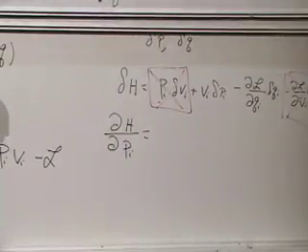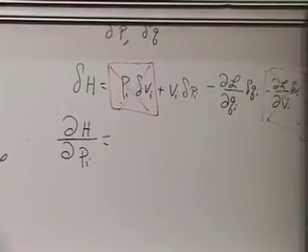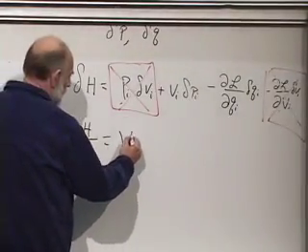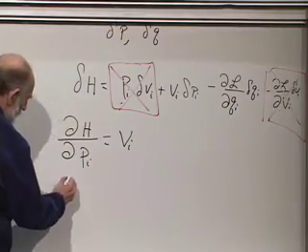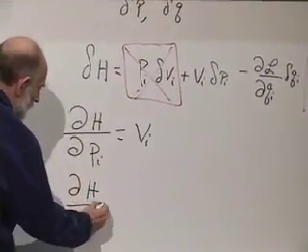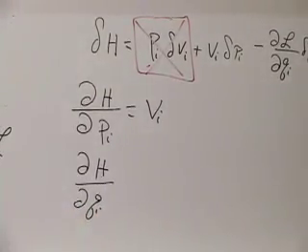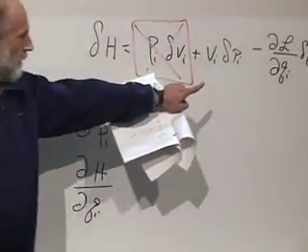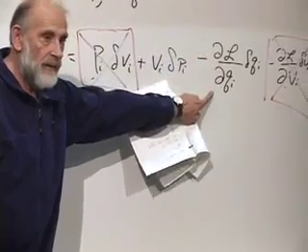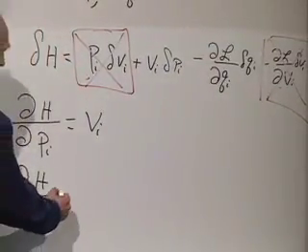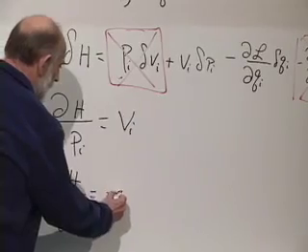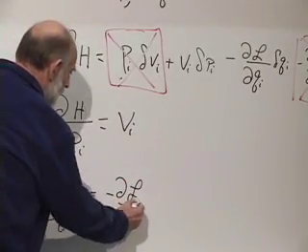What do you read off this? V sub I, and dH by dq sub I, what's that? What's this? It's minus dL by dq sub I.